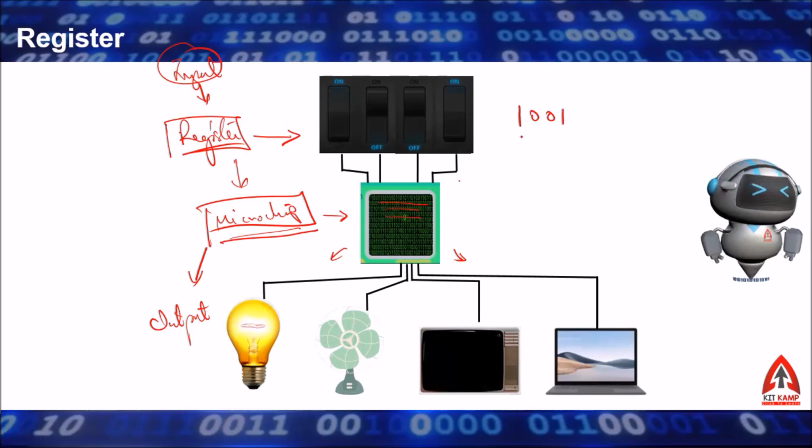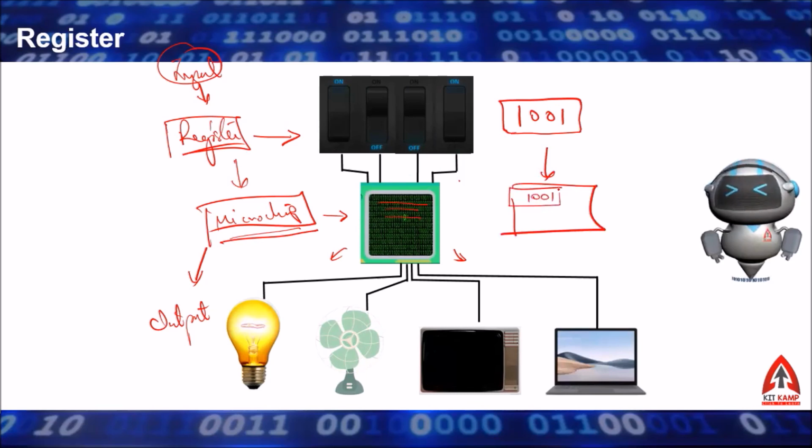The first one is on, the last one is on, and the middle ones are off. So the binary which is generated is going to be checked from your microchip. If that value is there, according to that, it's going to generate an output result.